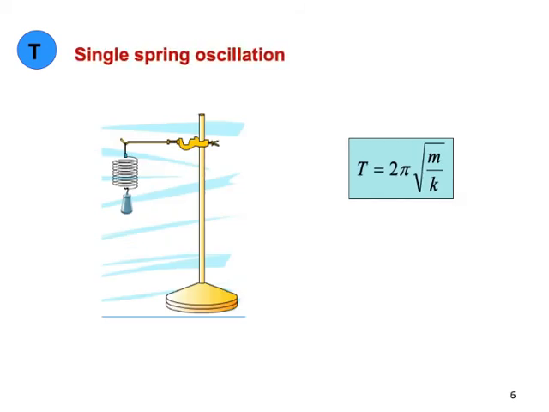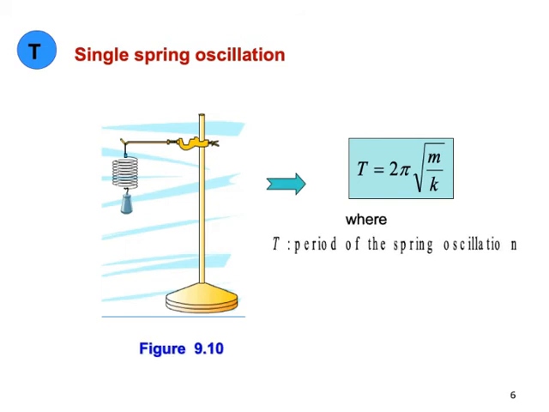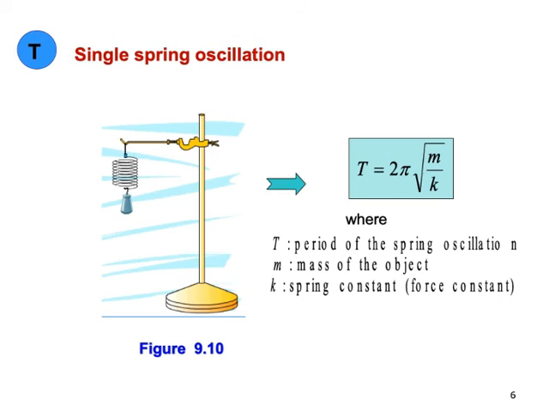The period for a single spring oscillation, T, is given by 2 pi square root of m over k, where T is the period of the spring oscillation, m is the mass of the object, and k is the spring constant or force constant.